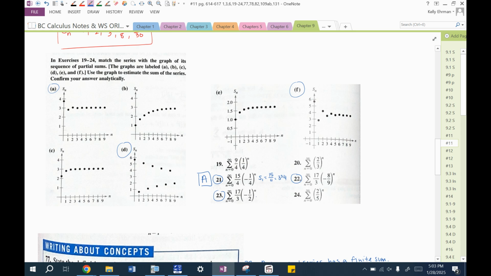But take a look at the r. In number 22, you're almost multiplying by -1. Negative 8 ninths is pretty close to -1. Whereas in 23, you're cutting 17 thirds in half each time. You're multiplying by -1/2. So for 22, when I multiply this by almost -1, I would expect the second partial sum, well, you can find the first partial sum if you want. It's 17 thirds.